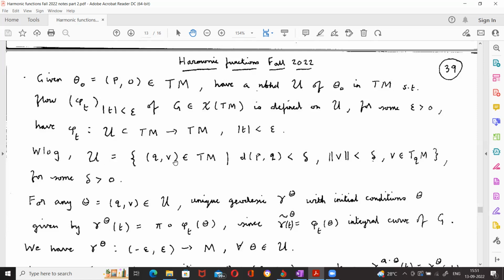That means basically that geodesics with these initial conditions Q comma V are defined for time epsilon.